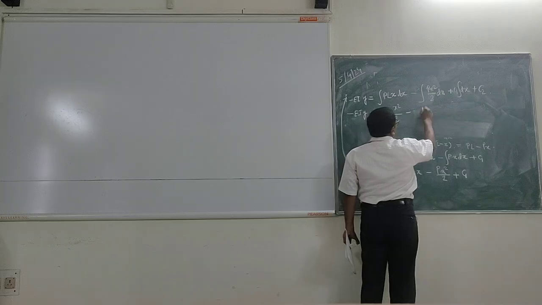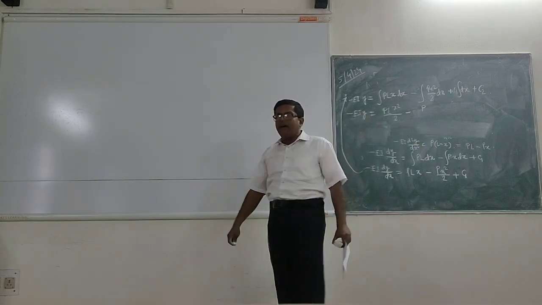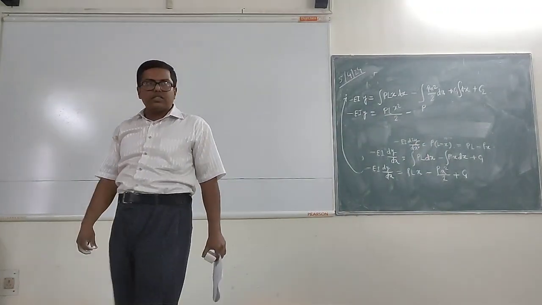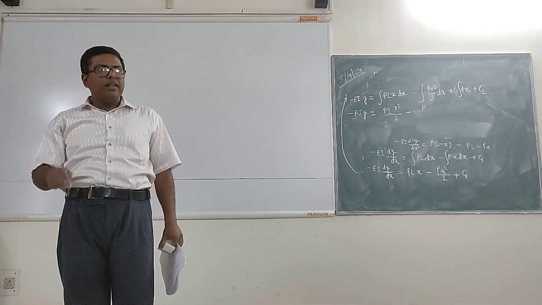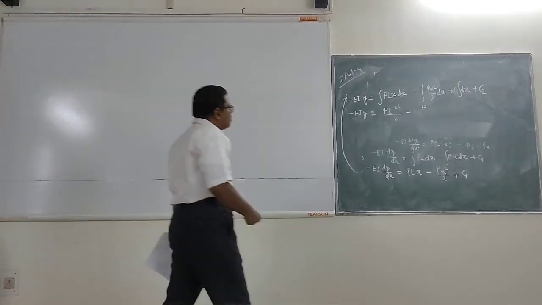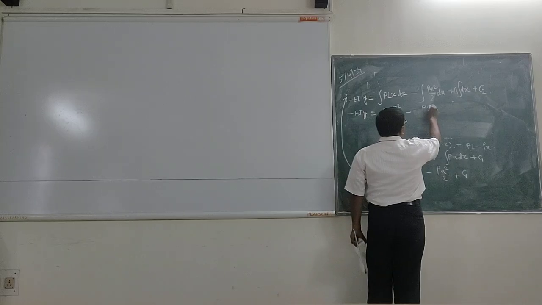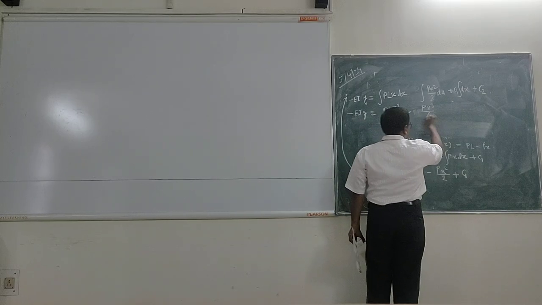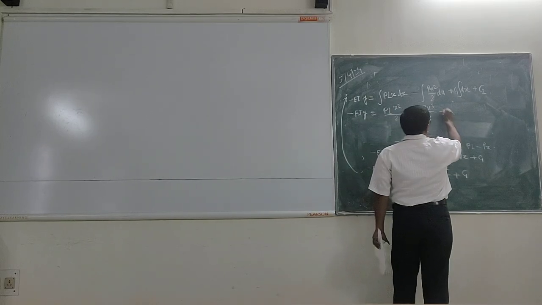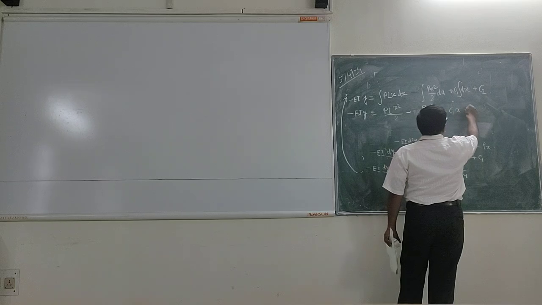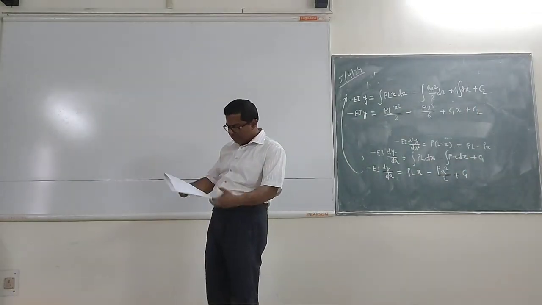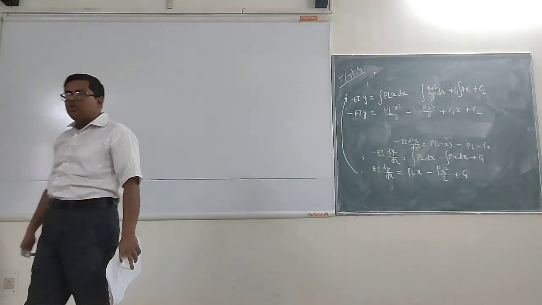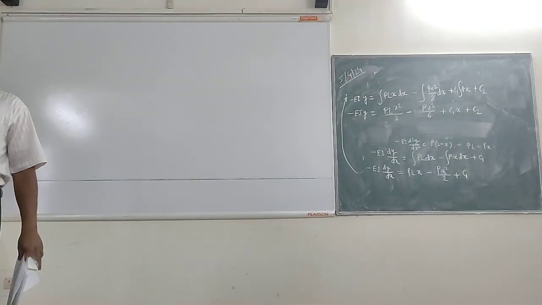What is the integration of Px square? x cubed by 3, and with the denominator 2, 3 into 2 is 6. So minus Px cubed by 6 will come, plus C1x plus C2. Is it clear? Any doubt at this point?